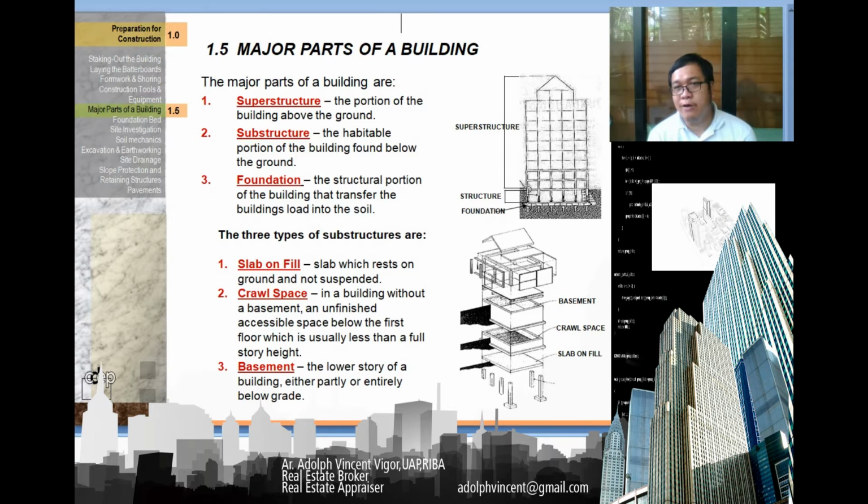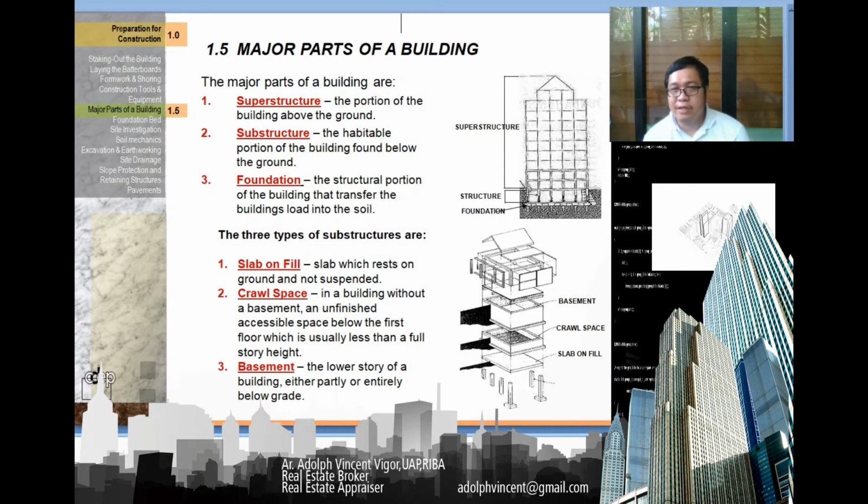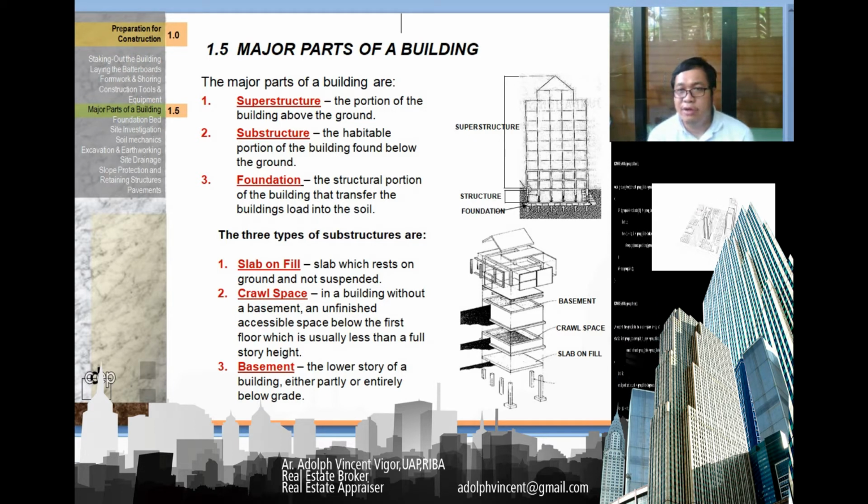I hope that you'll be able to learn how to develop the building plans. For our midterms, I'll give you a sample which you're going to copy, and for the finals, you're going to develop your own design and working drawings.